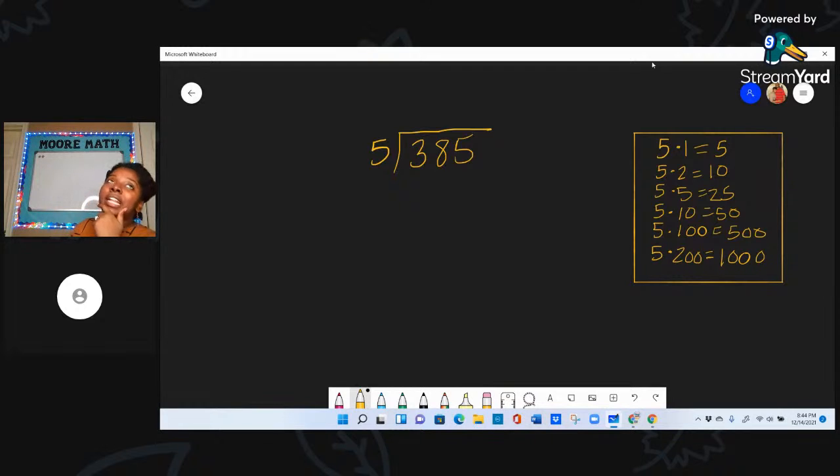So let's try to get as close to 385 as we possibly can. Now we probably could get a little bit closer, because 50 to 500 is really far away. So let's get another one in there.